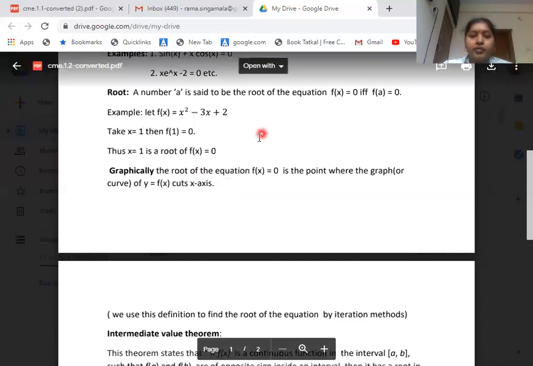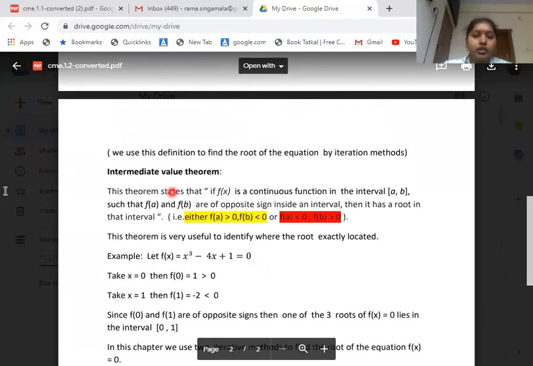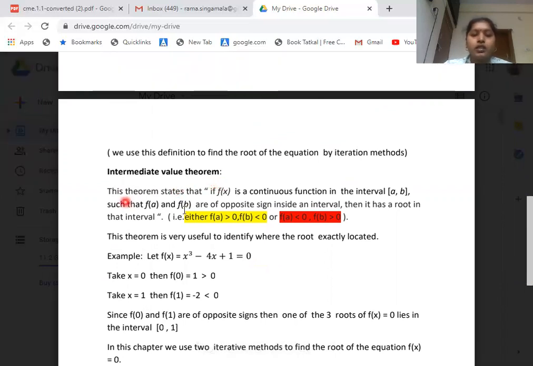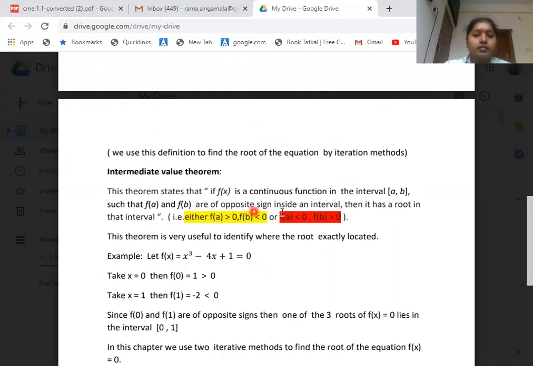Hence, if we're going to use the graphical meaning of root of the equation, we should remember one more important theorem, that is the intermediate value theorem. This theorem states that if f(x) is continuous function in some closed interval [a, b] such that f(a) and f(b) are of opposite signs, then it has a root in that interval.